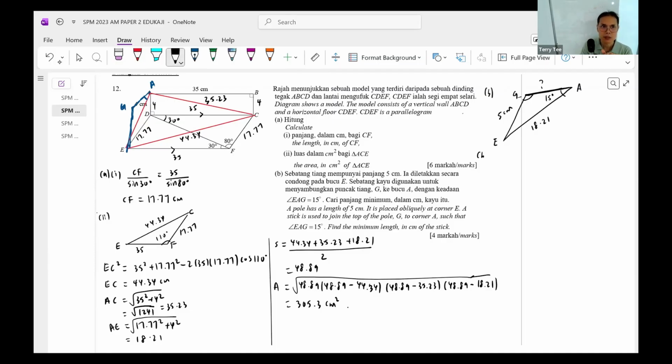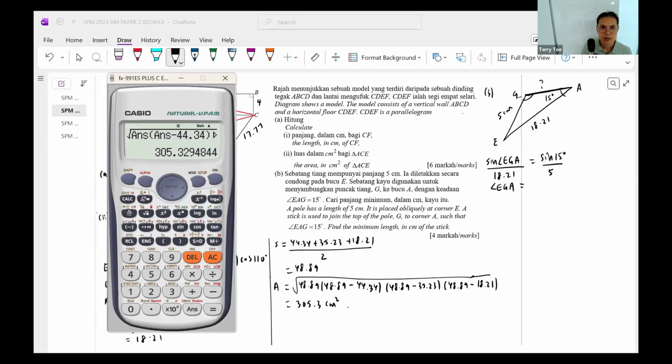So let me do it here. Let me start with sine rule. We use sine rule twice. Okay, the first time we use sine rule is sine EGA divided by 18.21 equals sine 15 divided by 5. Find EGA. Okay, calculator.